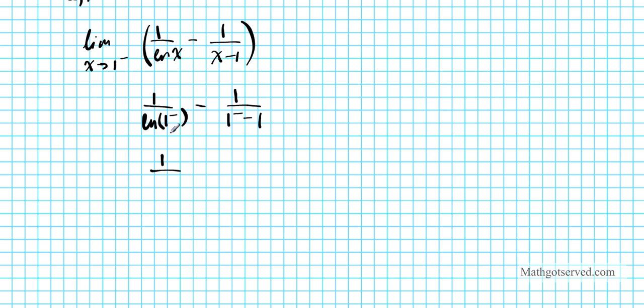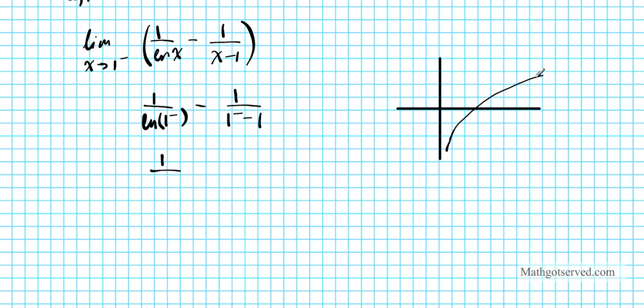Now, what is the natural logarithm of a number really close to 1 from the left? Let's take a look at what the graph looks like. Make a sketch. The natural logarithm function looks something like this.